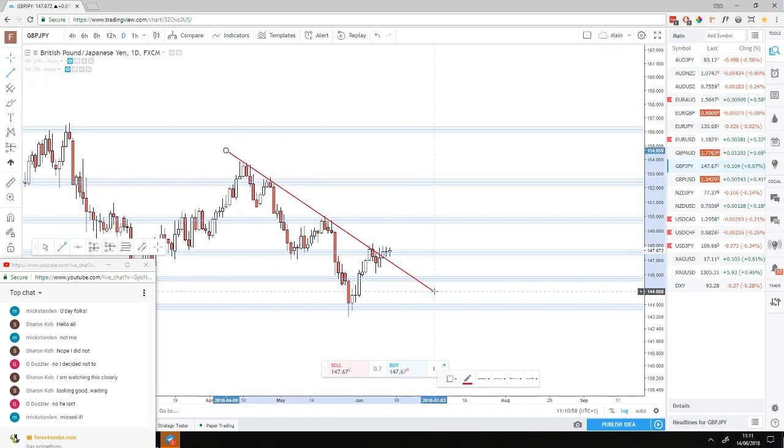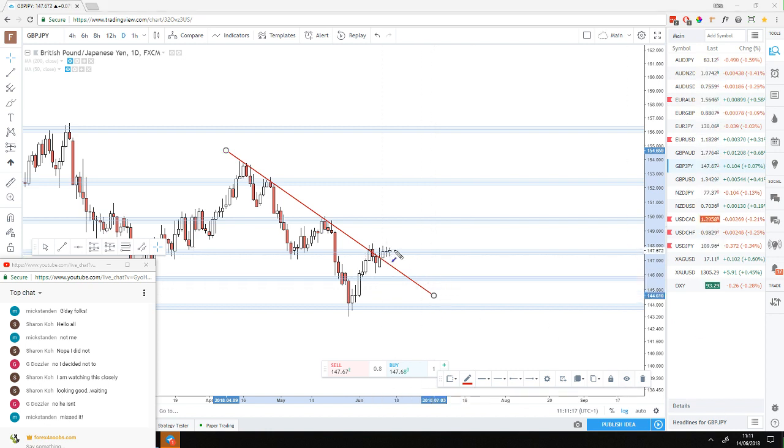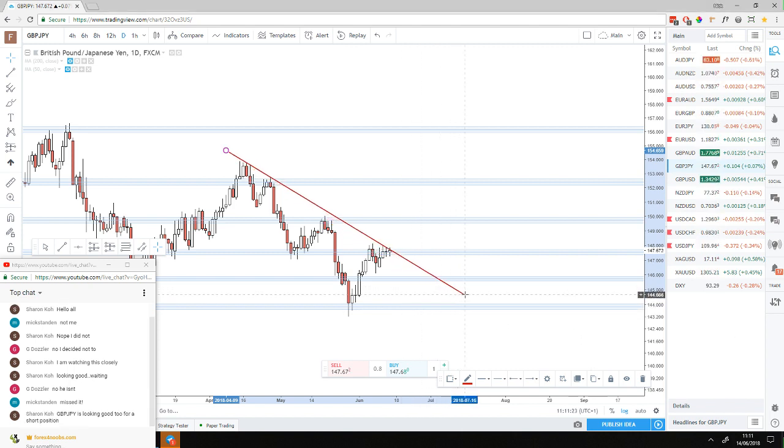Some people are arguing that the downtrend is over because we got this kind of tiny break above the resistance area, the trend line. This is why I'm not a big fan of trend lines, because trend lines are so iffy. Trading breaks of trend lines is just so tricky, because this could easily go down here, and then this trend line will be redrawn to there, and it'll still look like a pretty good trend line.